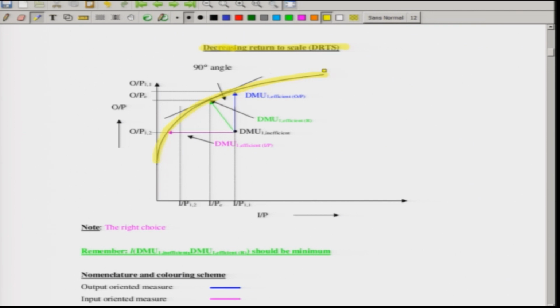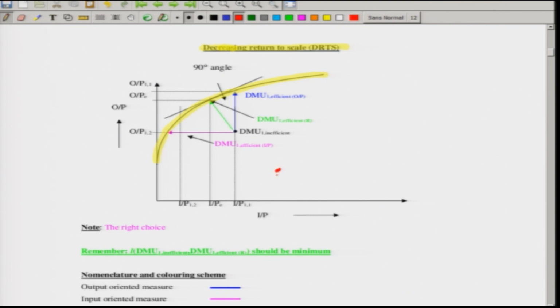Now, notice one thing, notice the black one, DMU 1, which is mentioned as inefficient, because of the set of all the DMUs which are combinations. So, why am I saying that? Let us consider arbitrarily a point somewhere here, and there is a DMU.